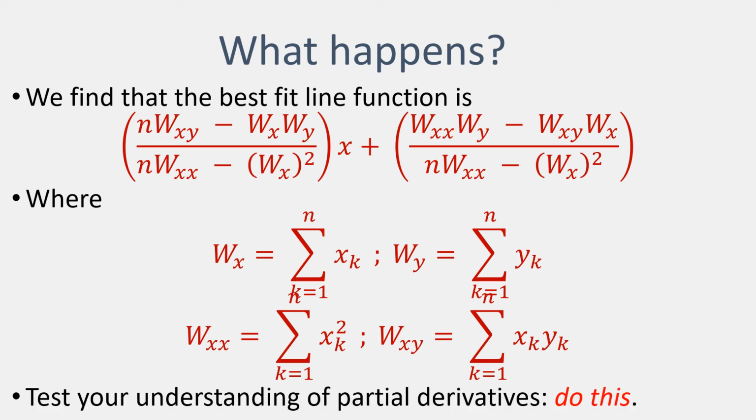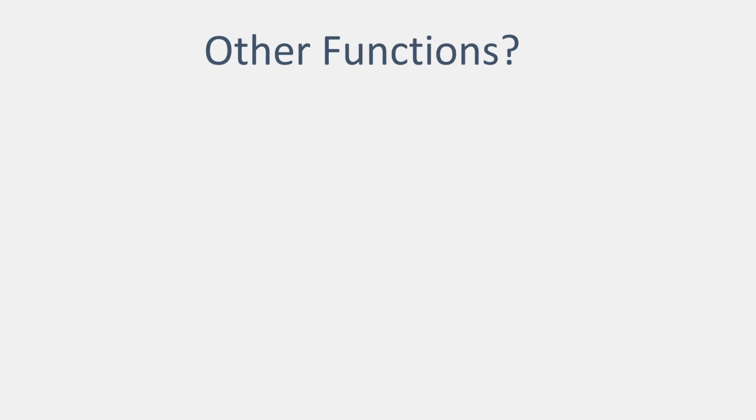As I said, I'm not going to work through the exact derivation of that. If you don't feel quite happy with your understanding of partial differentiation, then I suggest you work through that exercise for yourself. What about other functions?